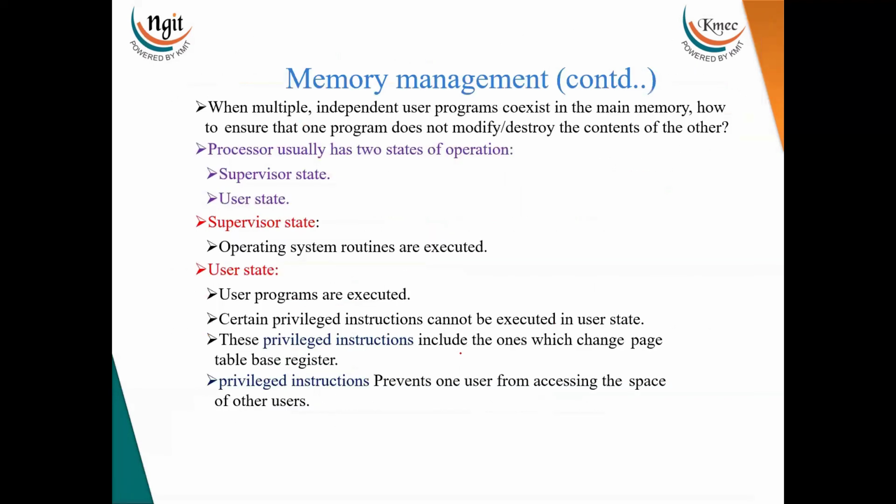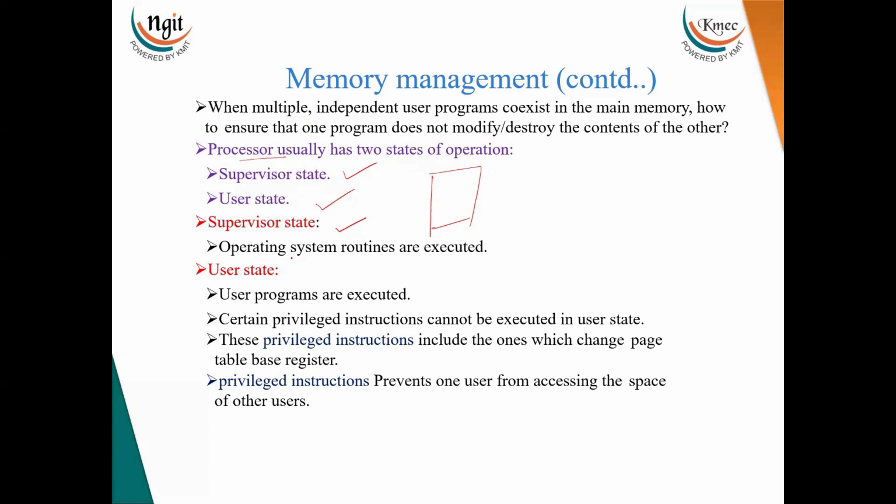Now the second one is protection. If multiple independent user programs coexist in the main memory, how do we ensure that one program does not modify or destroy another user program? The processor usually has two states of operation: a supervisor state and a user state.